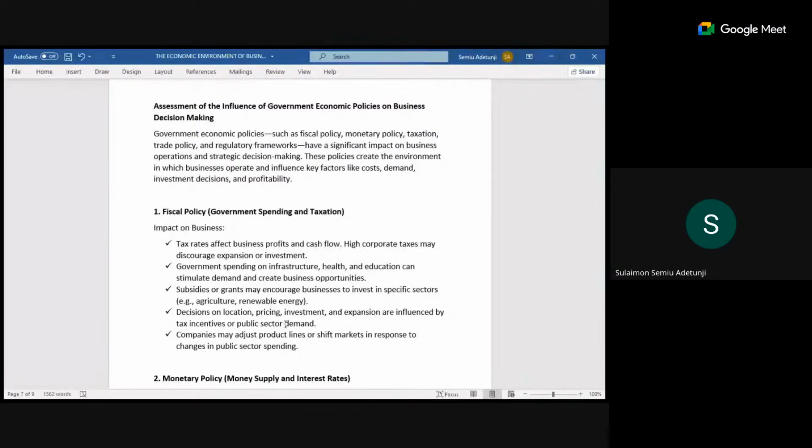In the same way, organizations need to wait for government to make a certain policy, such as the end of the year budget, before they make a certain decision.